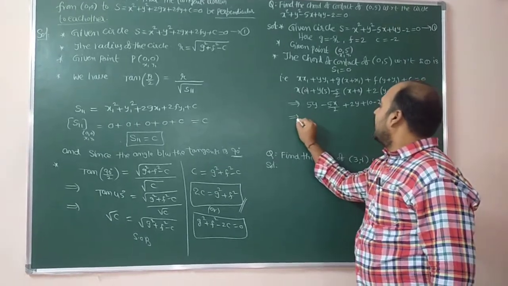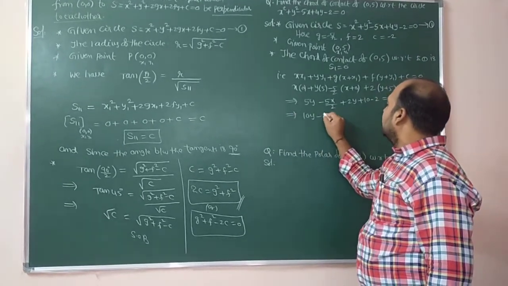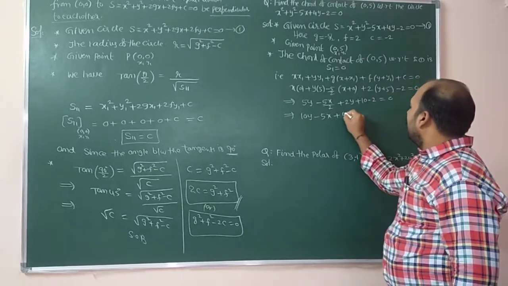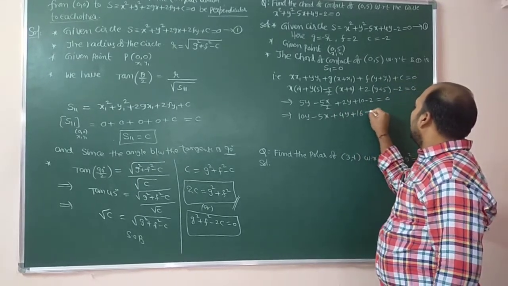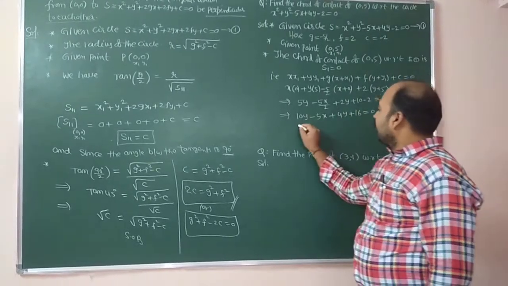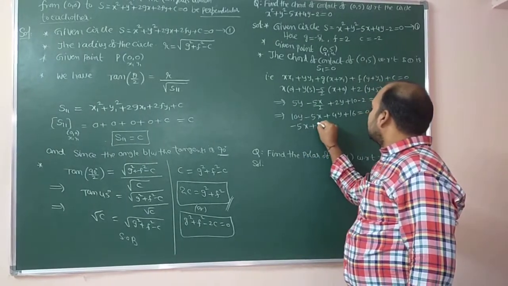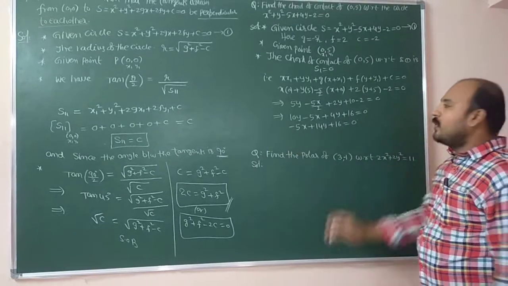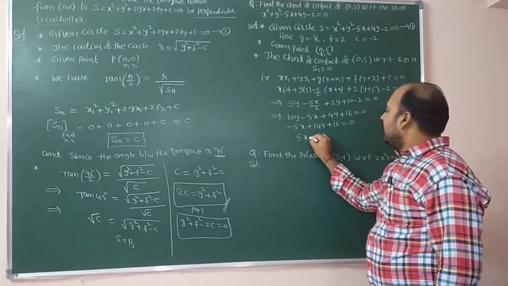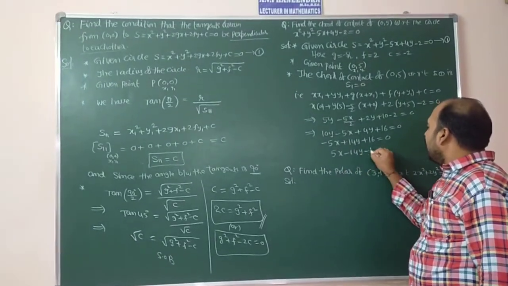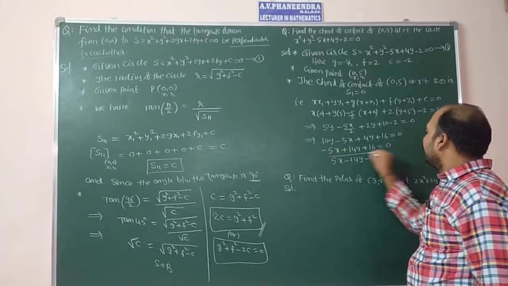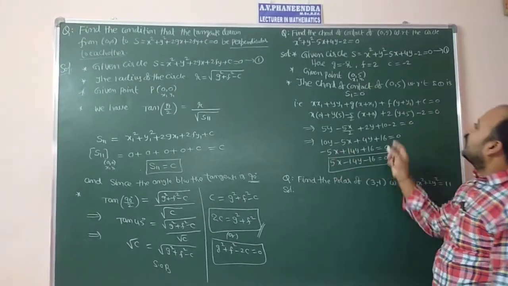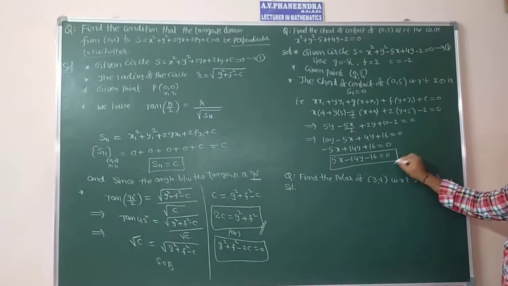Taking LCM directly, 10y minus 5x plus 4y plus 16 equal to 0. Now minus 5x plus 14y plus 16 equal to 0. Multiplied throughout by minus, it becomes 5x minus 14y minus 16 equal to 0. This is the chord of contact of this point with respect to the given circle.